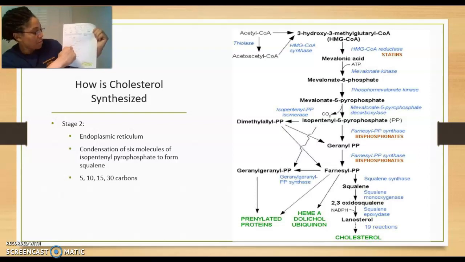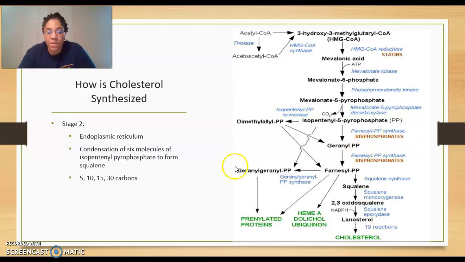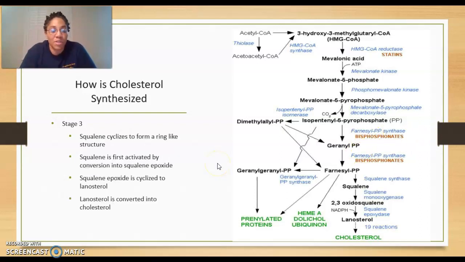Then the geranyl pyrophosphate again pairs with the isopentenyl pyrophosphate, which creates the farnesyl pyrophosphate. And then two of those structures form the squalene, tail to tail. So that's a 30 carbon structure. That's the second stage. So now we move on to the third stage.